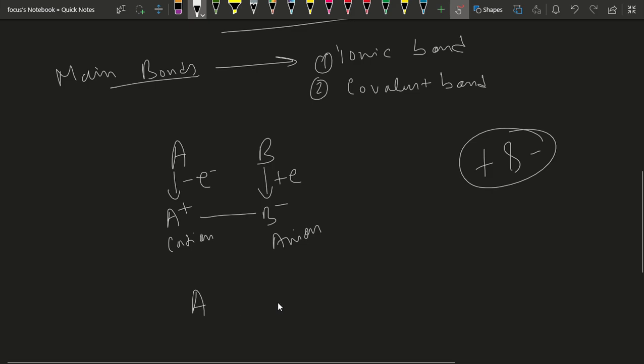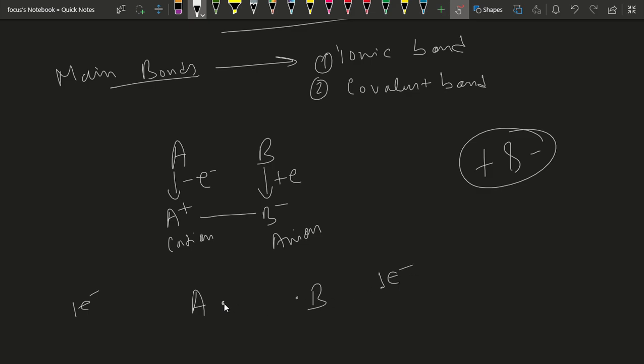But if A and B have some chemical attractive force between them by sharing of electrons to get a filled valence shell, suppose A has one electron and B also has one electron in its outermost valence shell. To get stabilized, A requires one electron and B also requires one electron.